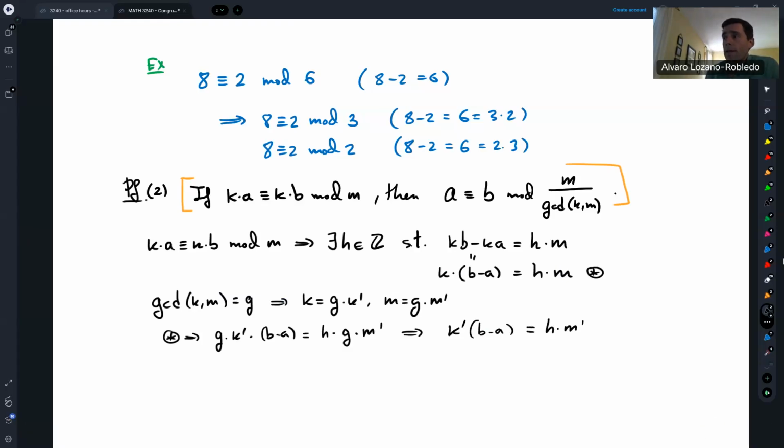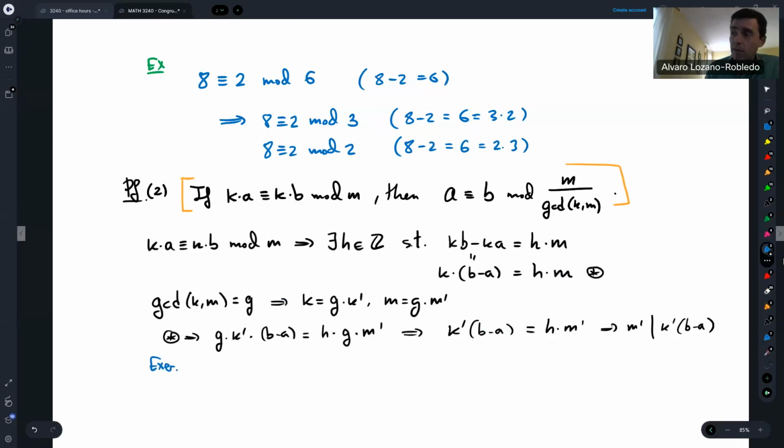Okay. So this implies that M prime divides K prime times (B minus A). And now, since K prime and M prime are actually relatively prime, so this was an exercise, exercise 2.1125 in the book.